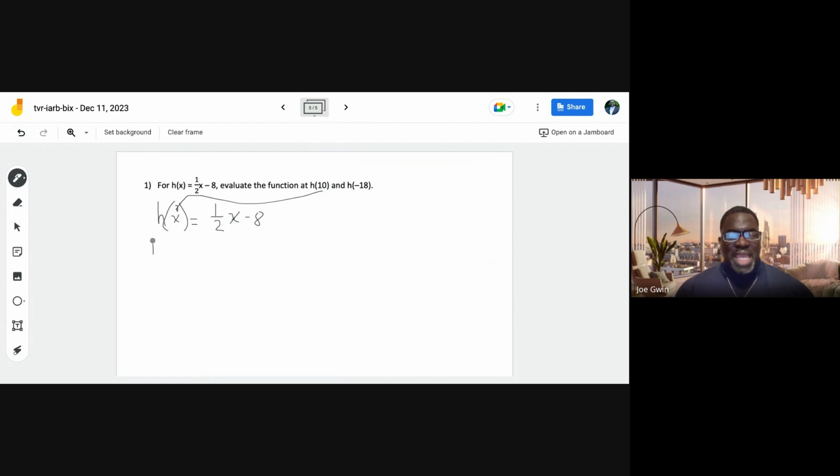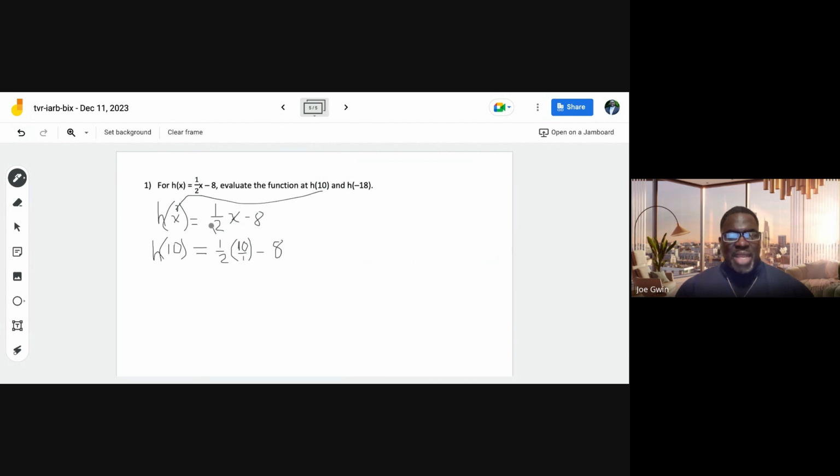So that's going to be h of 10 equals, bring down this 1/2. And then again, we said x is 10. And since 1/2 is a fraction, I'm going to make 10 a fraction as well by putting a 1 under it. So we have 10 divided by 1, which is still 10. That's why I'm able to do that, minus 8.